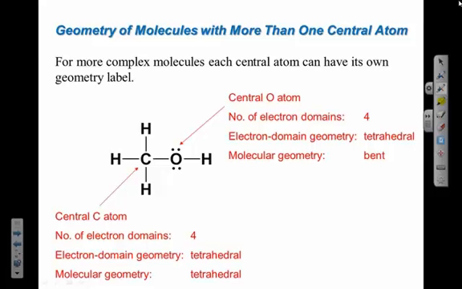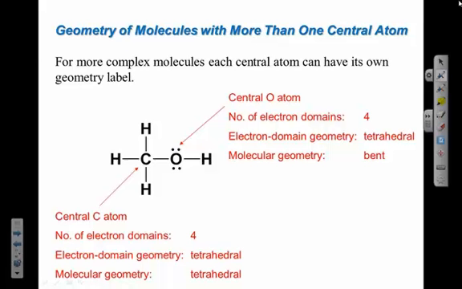All right, so let's look at a couple more examples. Here I get into a little bit more complicated molecule, and you'll see some of the ones in the lab are a little bit more complicated, and some of the ones on the exam will be somewhat complicated. So the idea here is if I've got more than one central atom, I've got to analyze the geometry of each one. Right?